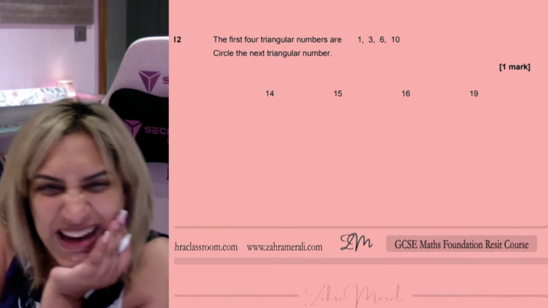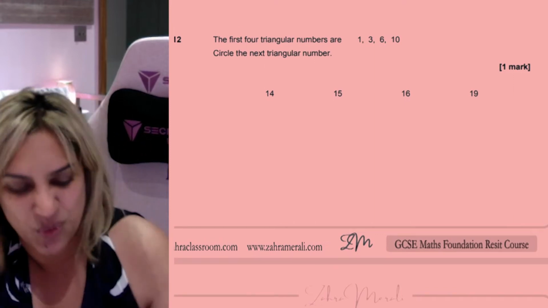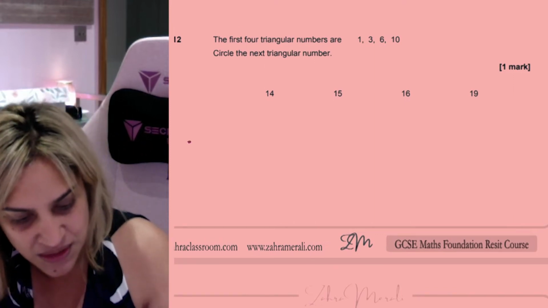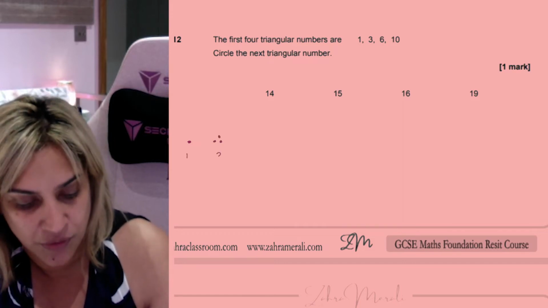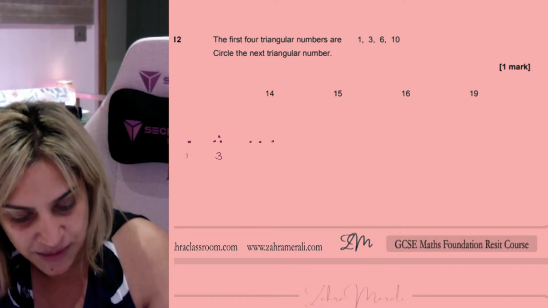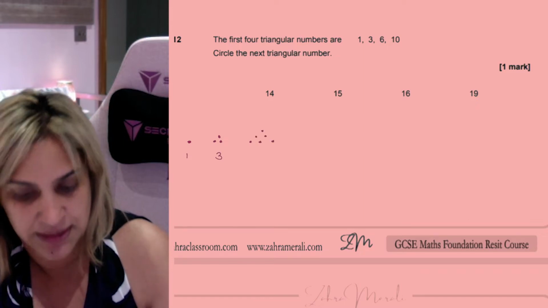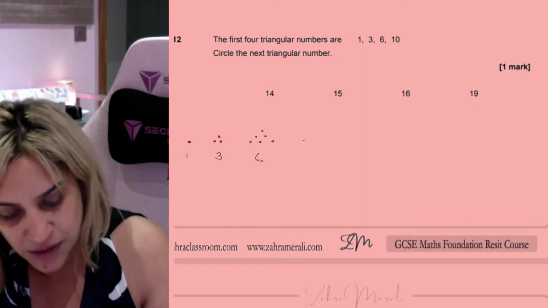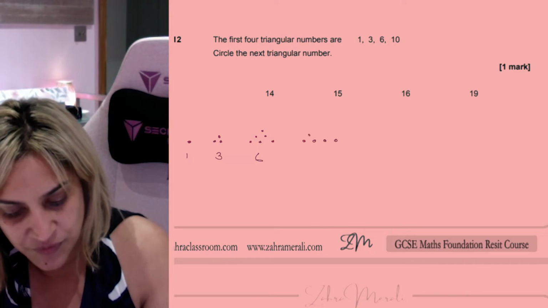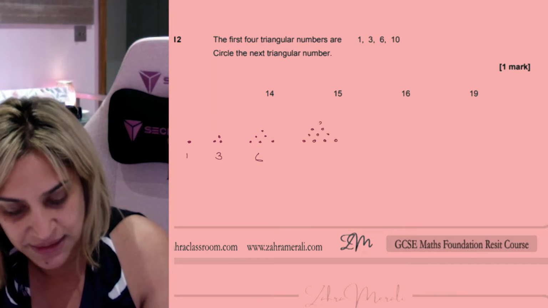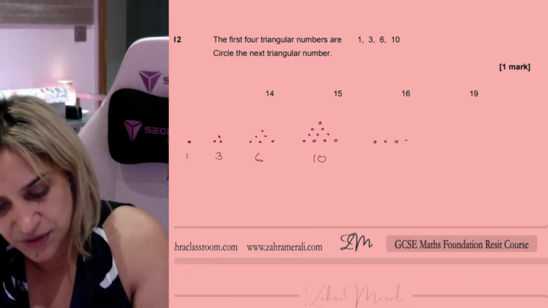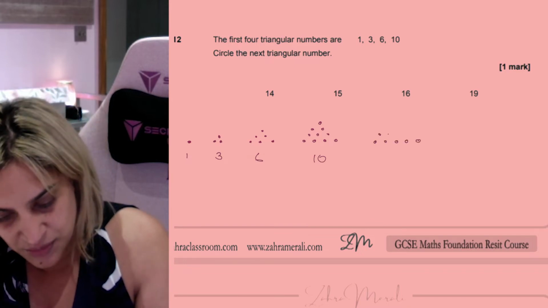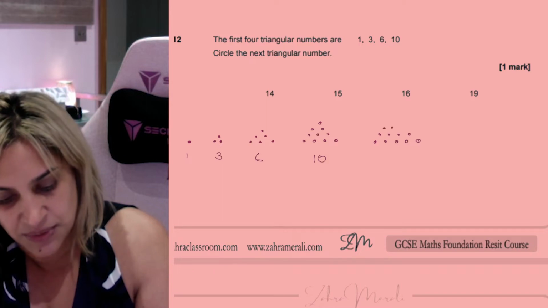Now we've got triangular numbers. Now all this means is numbers that you can write like a triangle. So we've got 1, 3. The next one you'd have 3 at the bottom, then 4, 5, 6. Can you see how that happens? 1, 2, 3, 4, 5, 6, 7, 8, 9, 10, which is what they said. So now here you'd end up with 5 dots plus 4 dots plus 3 plus 2 plus 1.